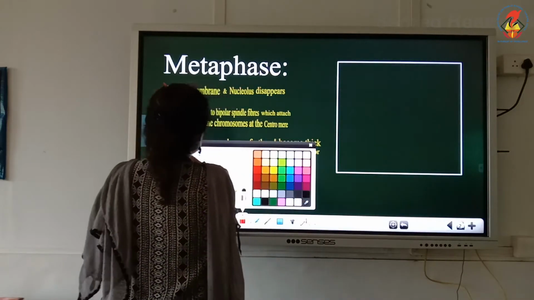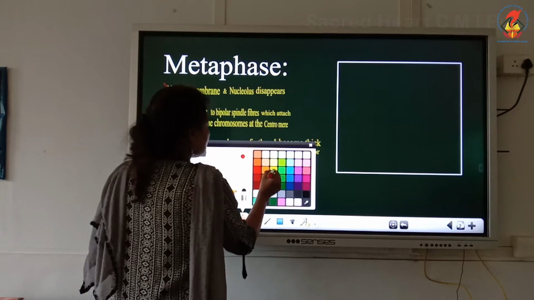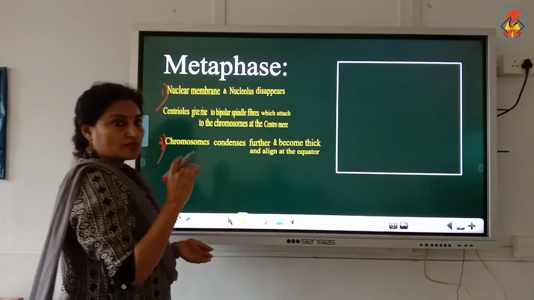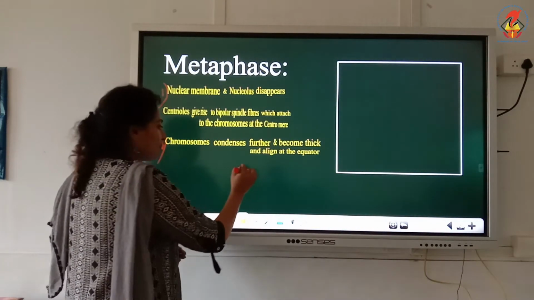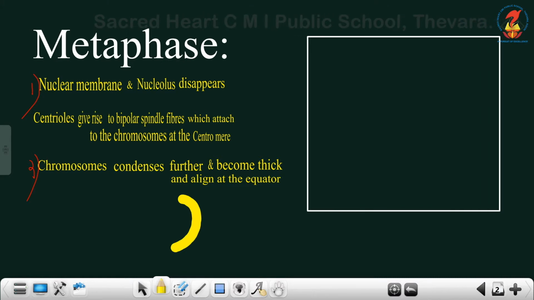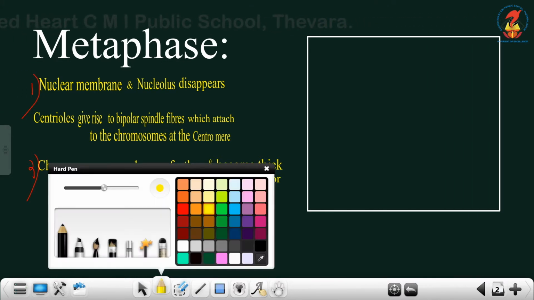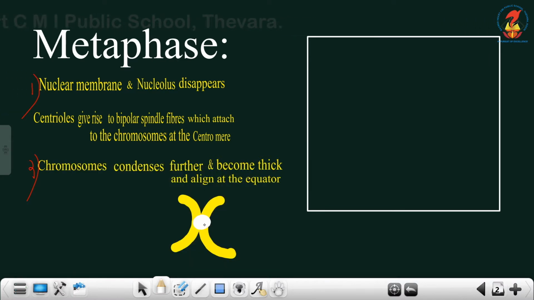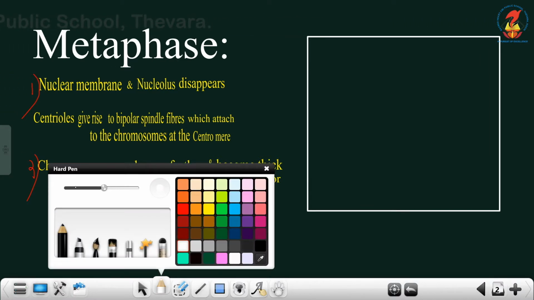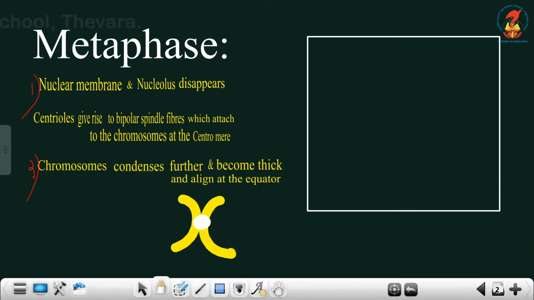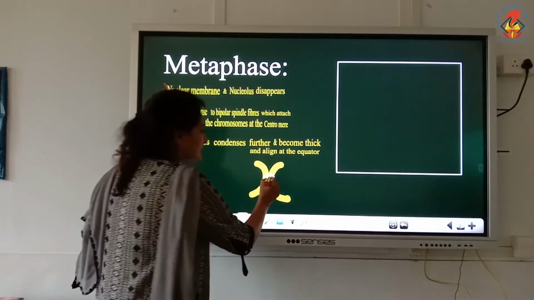So, it further condenses. When it condenses, the chromosomes become thicker and now become X-shaped structures. And here you can see the constriction, the primary constriction, which we have learned demarcates the chromosomes into different types. What is the primary constriction called? Centromere.